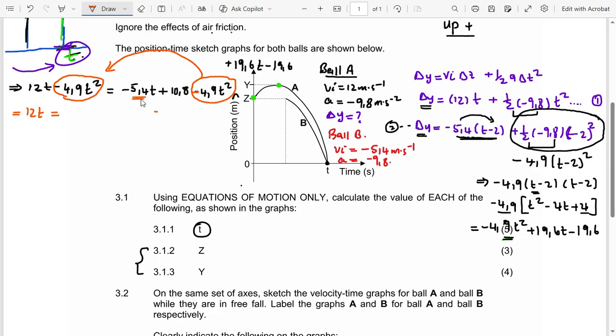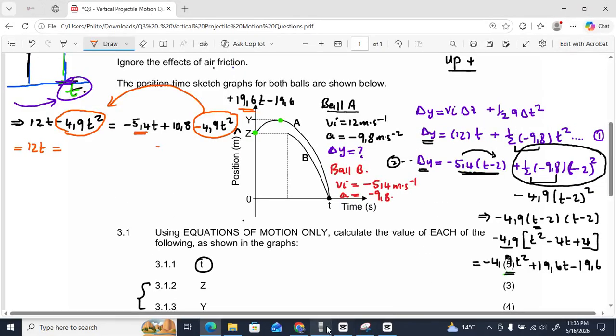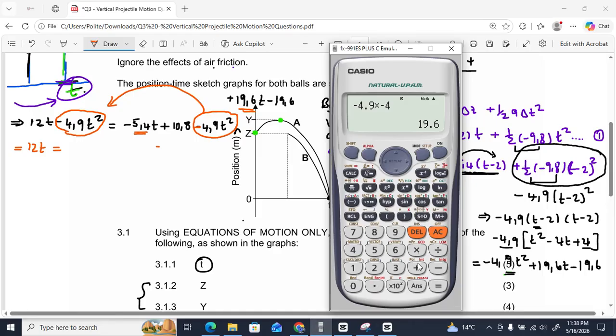I need to add the minus 5.4t with the 19.6t. Let me see what I get when I add this. We added the minus 5.4 to 19.6t, and this gives us an answer of 14.2t.